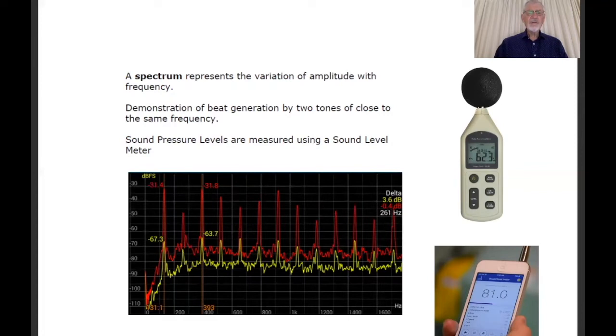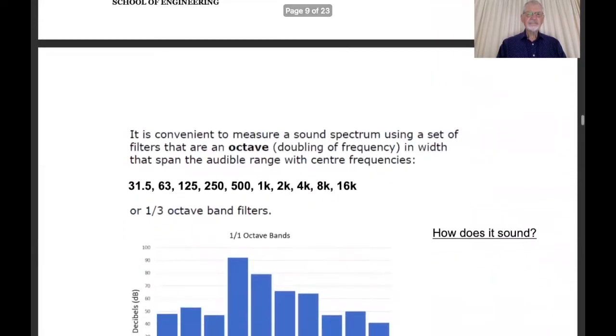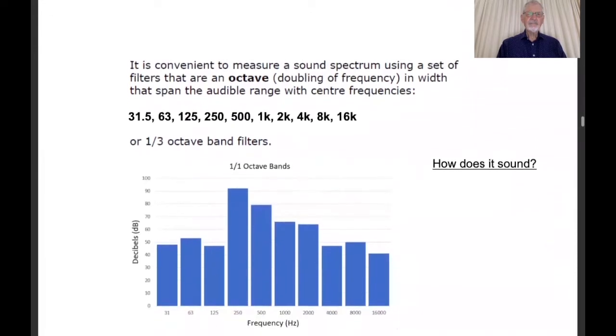So sound is measured with a sound level meter, but it actually measures sound pressure. One of the things we can do with most sound level meters is to get an estimate of the spectrum in what are known as octave bands. An octave is a musical term, but all it means is that it's a doubling of frequency.